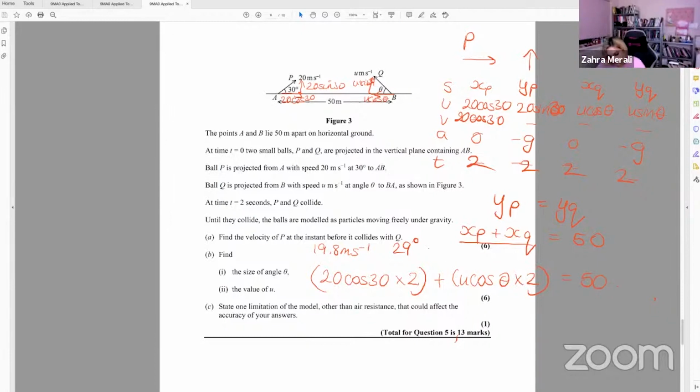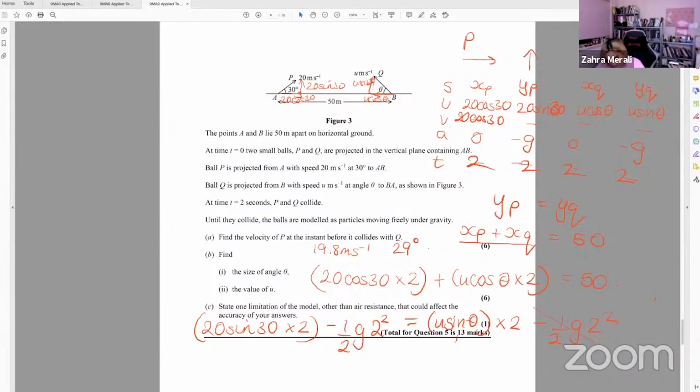The only unknown there is u. Well, we can solve, oh no, we haven't got theta. So we've got a simultaneous equation, making the vertical ones the same: 20 sine 30 times 2 minus a half g 2 squared equals u sine theta times 2 minus a half g 2 squared.